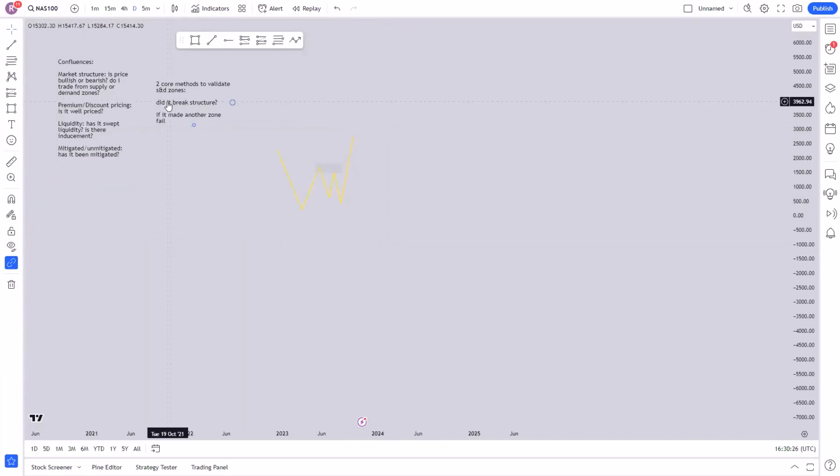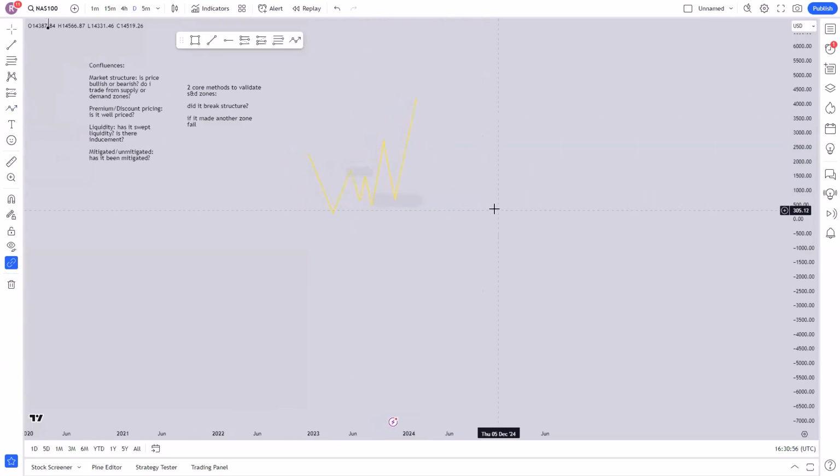Back to, did it break structure? Has this demand zone broken structure? Yes or no? Yes, it has. So is this demand zone validated? Yes, it is. So what can we expect from here? To be mitigated and continue to the upside.